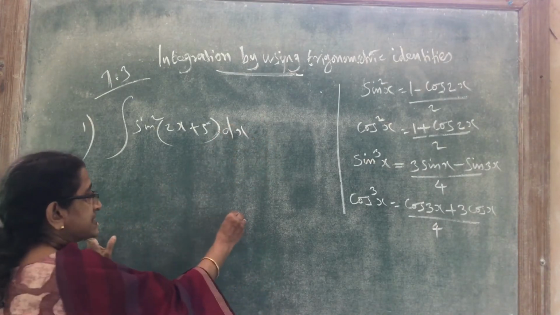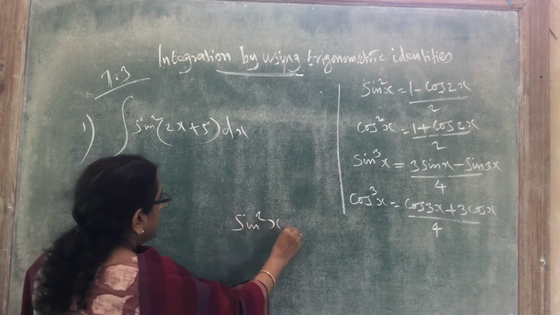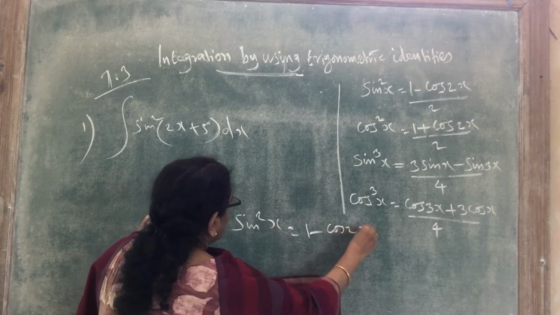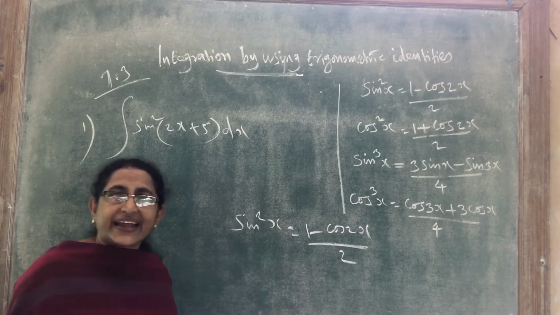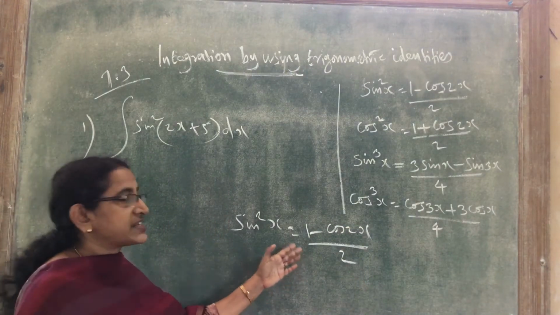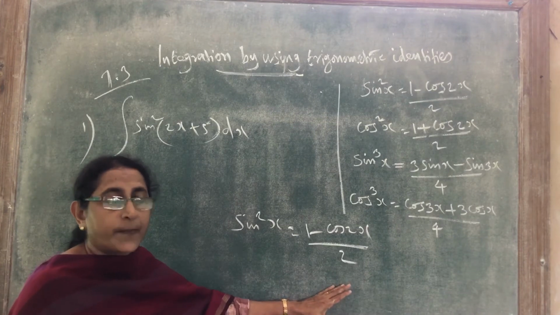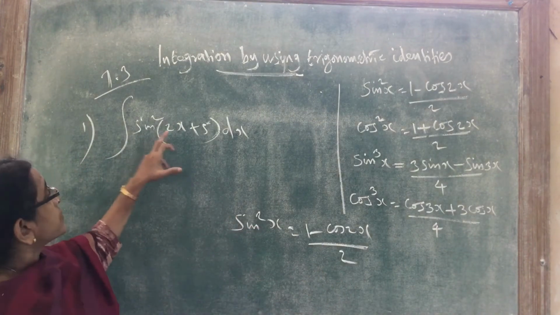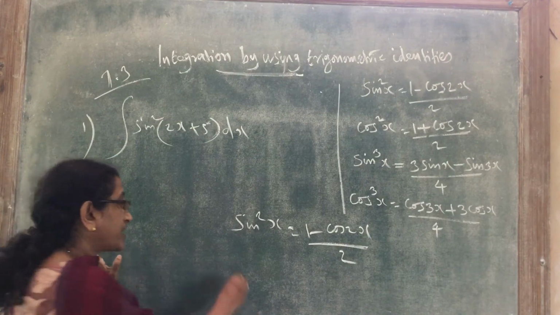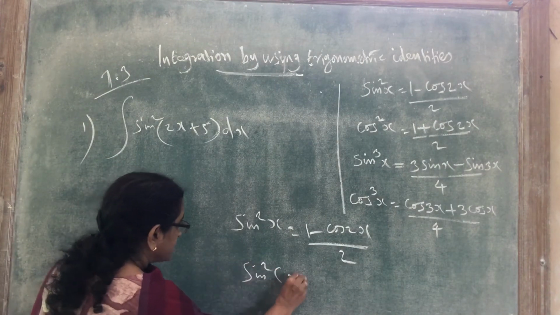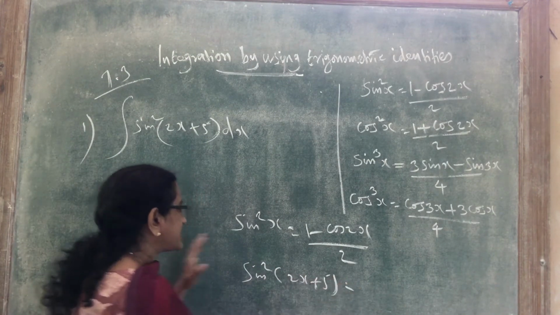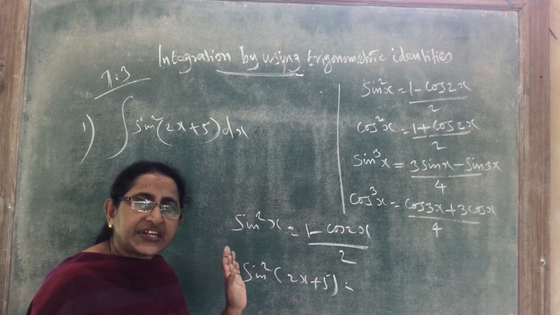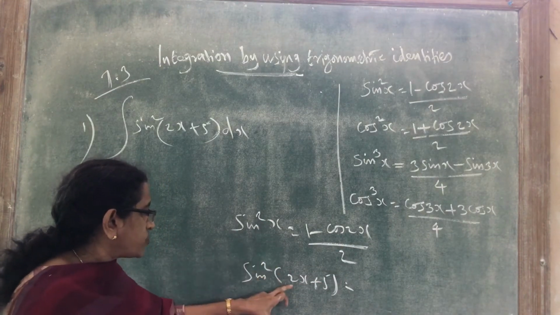We know sine square x equal to 1 minus cos 2x by 2. That is the identity we know. So what is sine square 2x plus 5? Just substitute the value of x in this identity. In the place of x we write 2x plus 5.